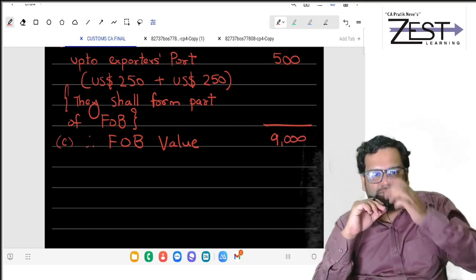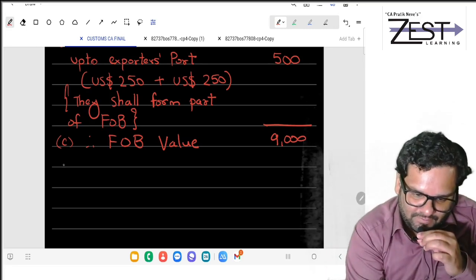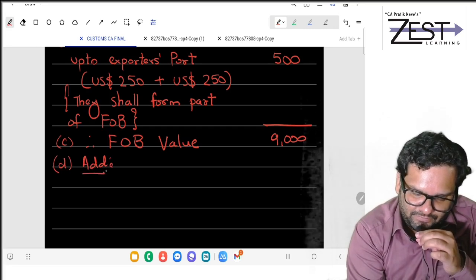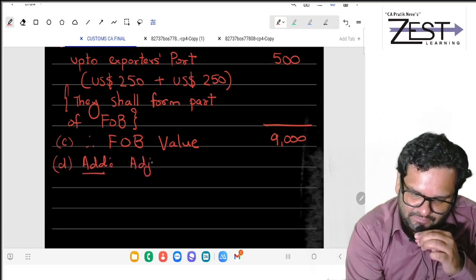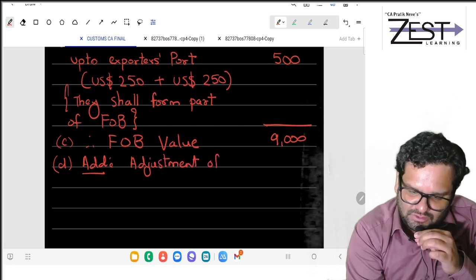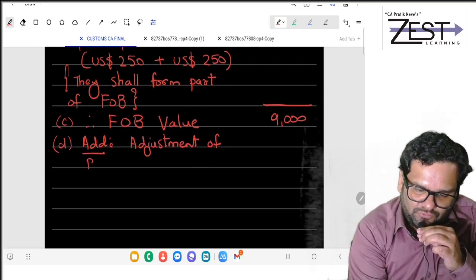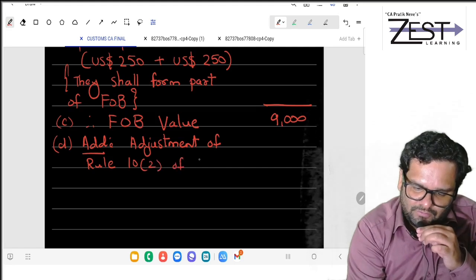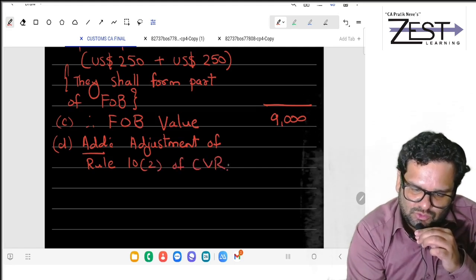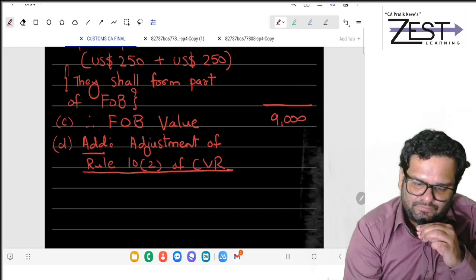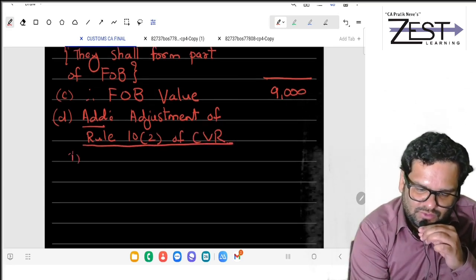Mahalakshmi, Ashima, D point, add. Now comes add. So actually very simple question. Add adjustment of rule 10(2) of customs valuation rules. In that, first one is air freight.